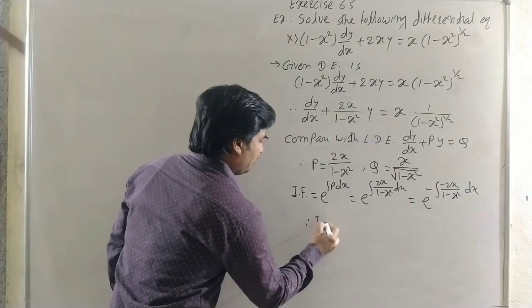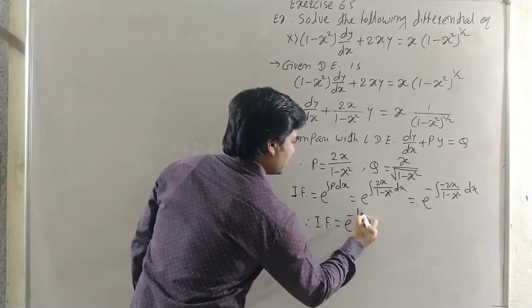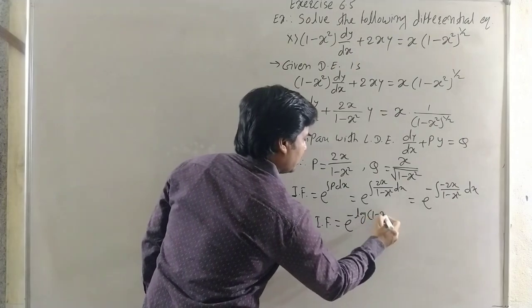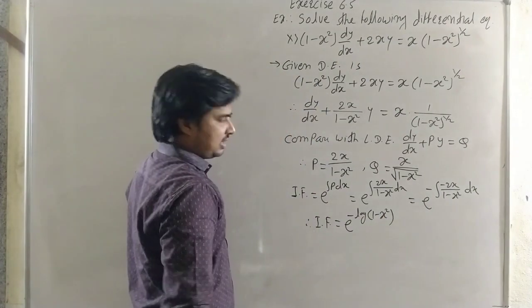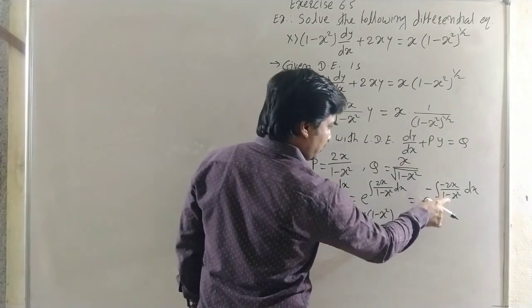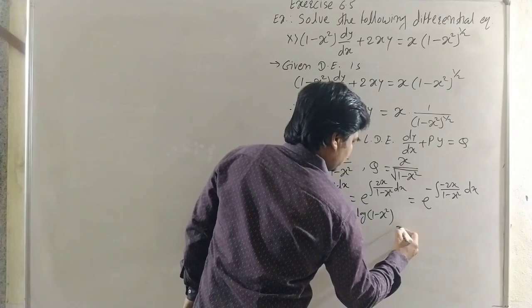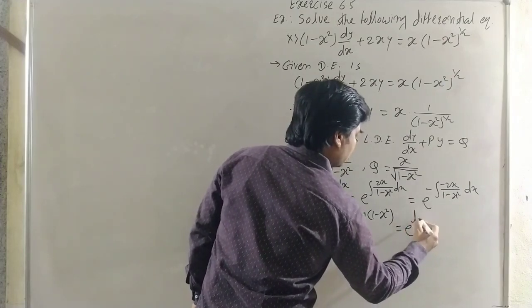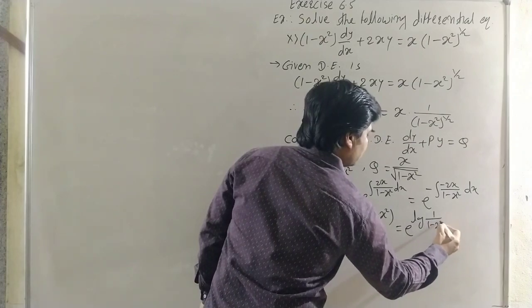Therefore integrating factor is equal to e to the power minus log of 1 minus x square, since the integral of f dash of x upon f of x is log of f of x, but it is a minus, so we can write e to the power log of 1 upon 1 minus x square.